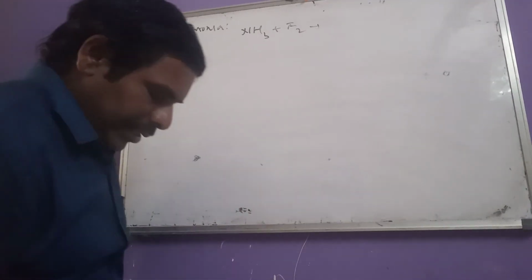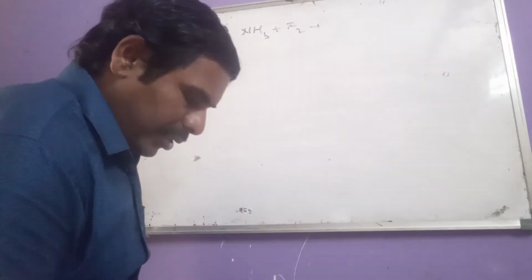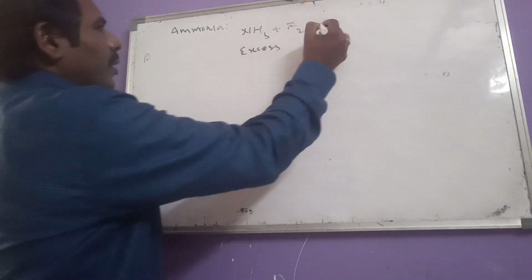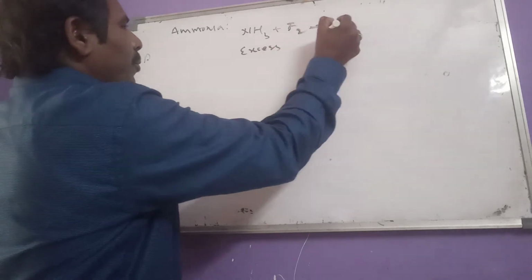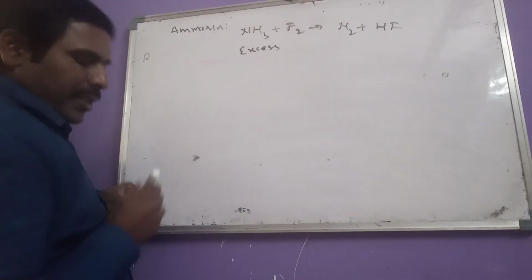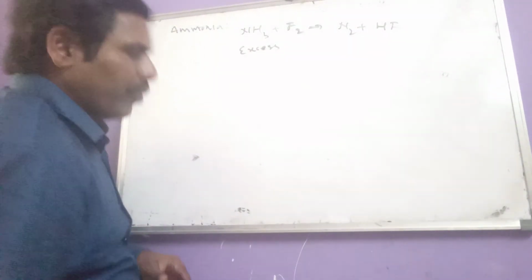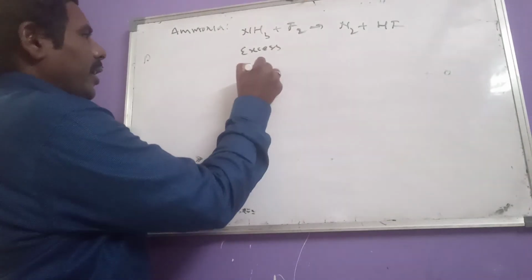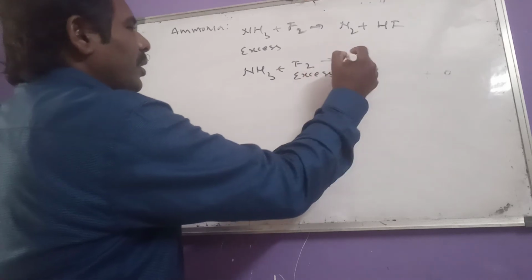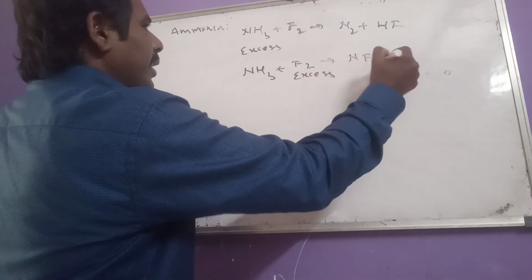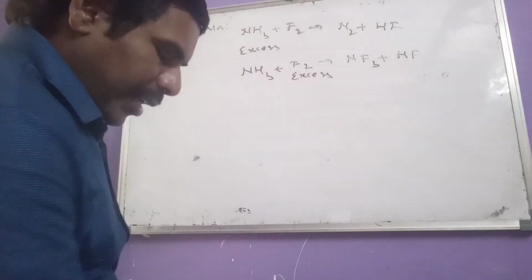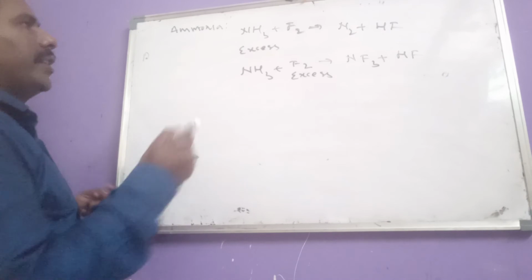If you have excess amount of ammonia, the products are N2 plus HF. But if fluorine is present in excess amount, we can get NF3 plus HF.